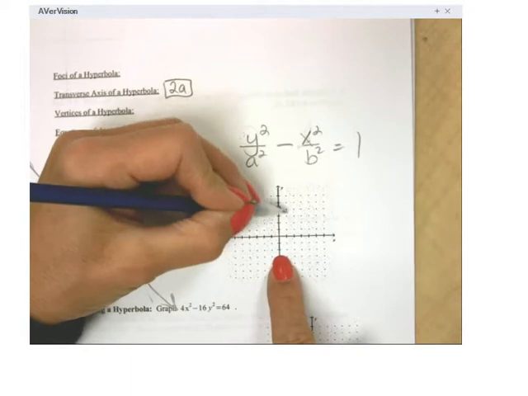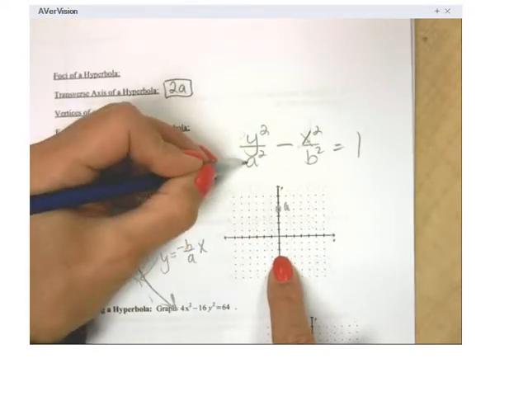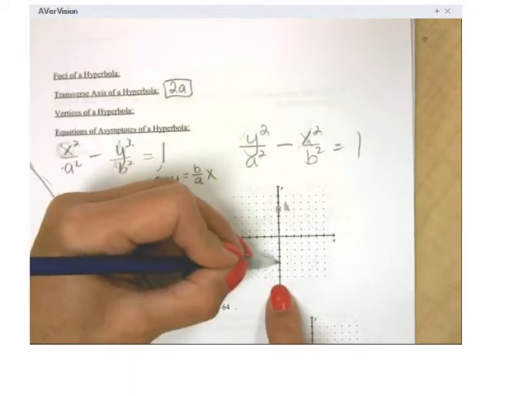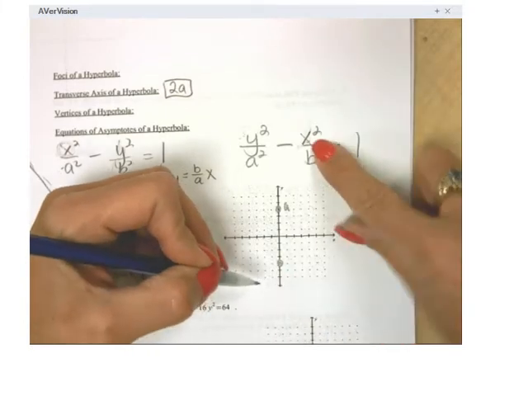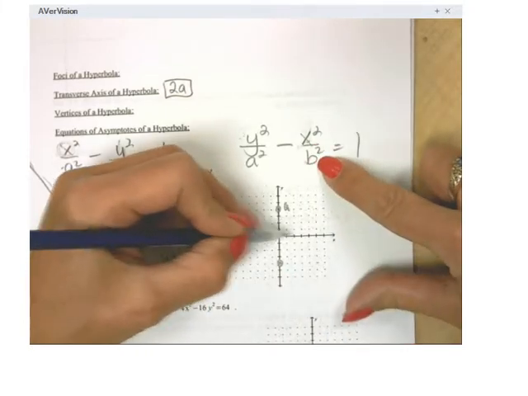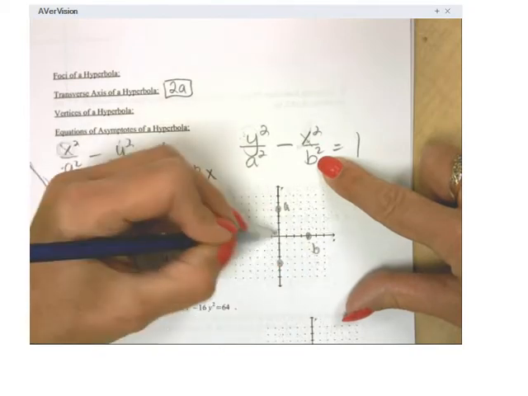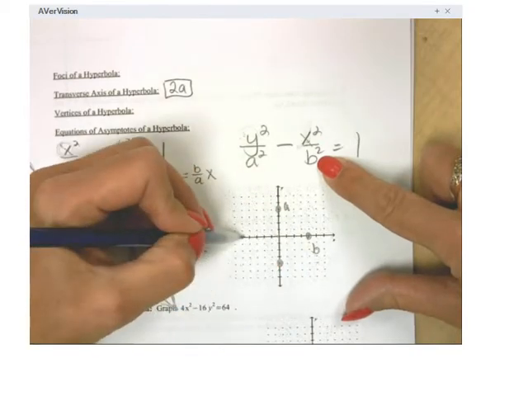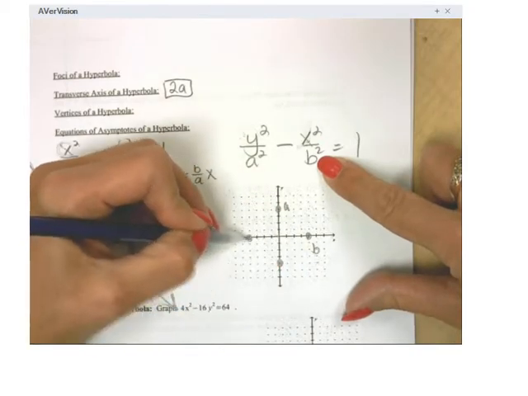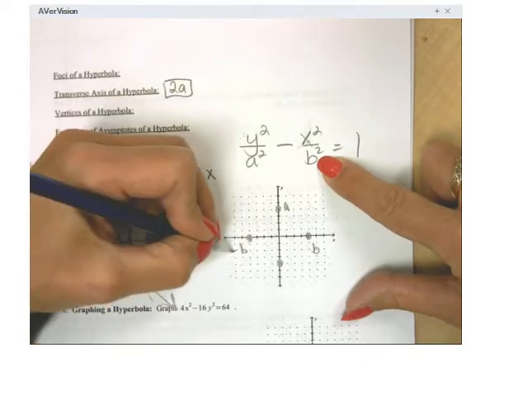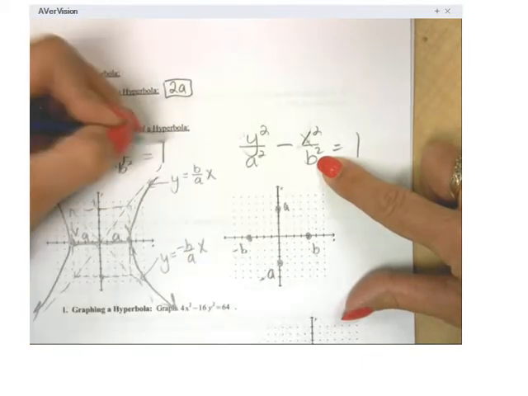Now, ready to draw this one. Now in the y direction, I'm going to move a units up. So let's say I call that a. And in the y direction, I'm going to go a units down. In the x direction, I'm going to go b units to the right. And in the x direction, I'm going to go b units to the left.